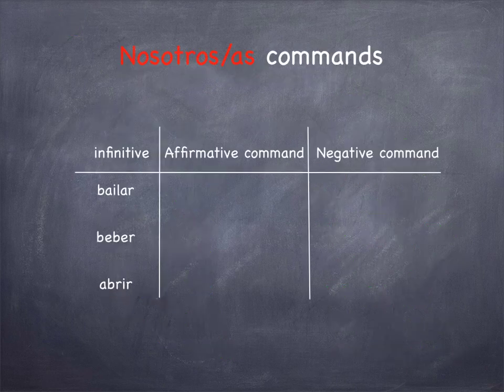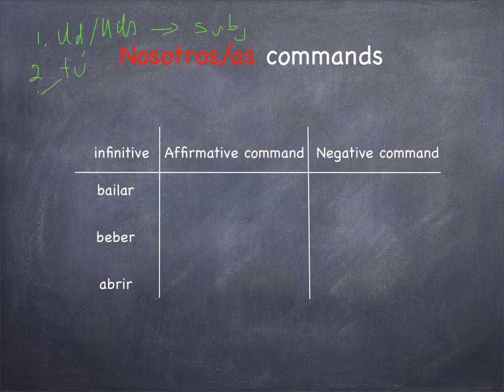So now we have learned about, first, formal commands, usted and ustedes. Both affirmative and negative take the subjunctive form. Now, in the tú commands, in the affirmative, the verb takes the indicative form, and in the negative, it takes the subjunctive.